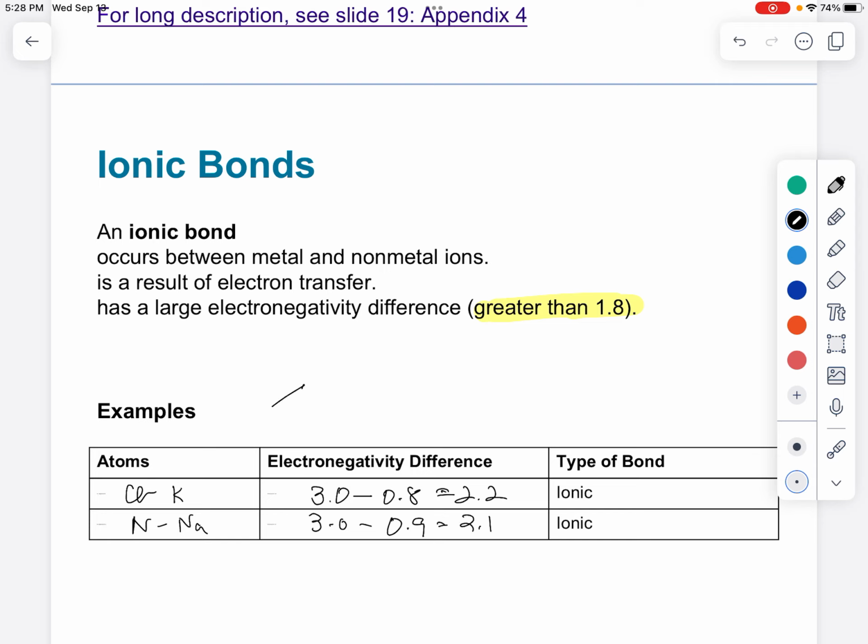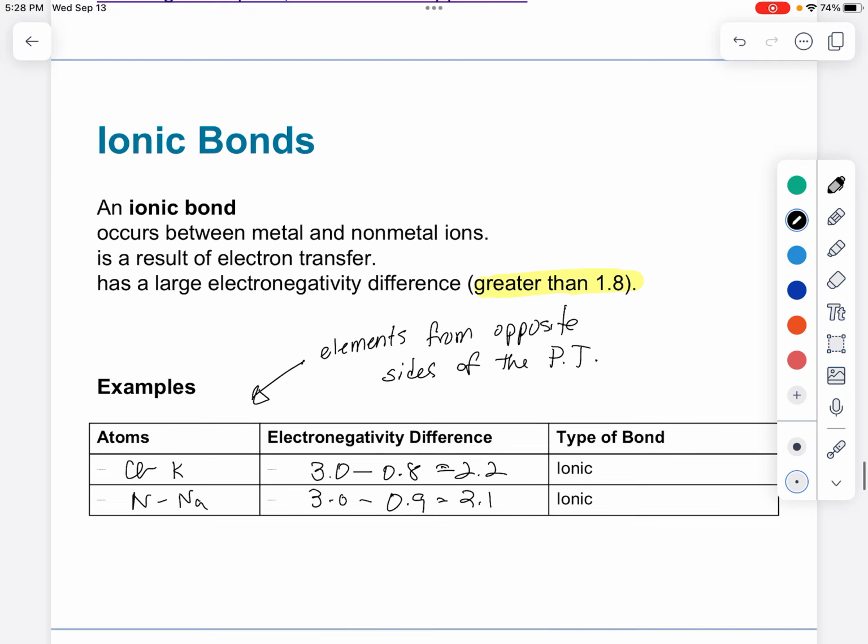It's worth pointing out that these are things that are going to be coming from opposite ends of the periodic table. Potassium's on the far left, chlorine is on the far right. Sodium is on the far left, nitrogen is towards the right. So things from opposite sides of the periodic table.